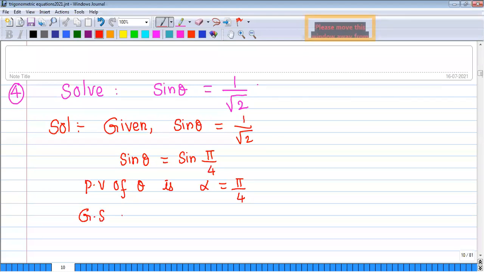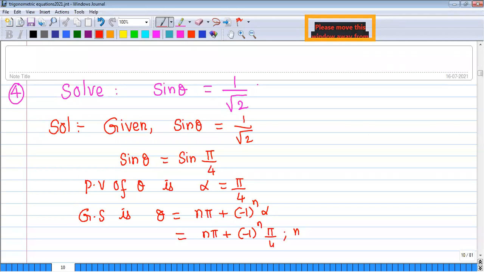General solution is theta equal to n pi plus (minus 1) to the power n times alpha, that is, n pi plus (minus 1) whole power n pi by 4. Is it easy or hard?